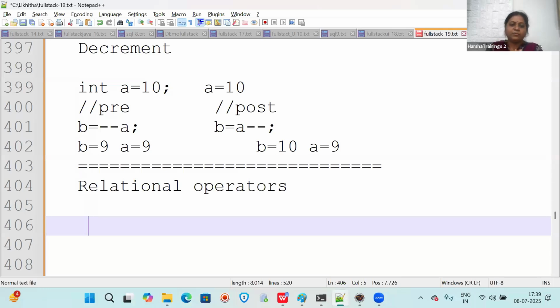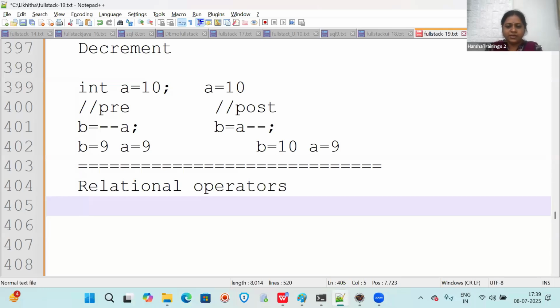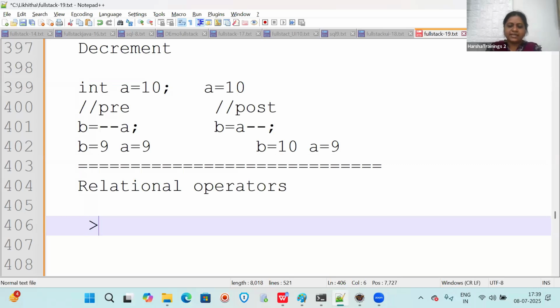The relational operators are greater than, less than, greater than equal to, less than equal to, double equal to, and not equal to. These are all relational operators, where they tell about the relationship between two variables or more than two variables.